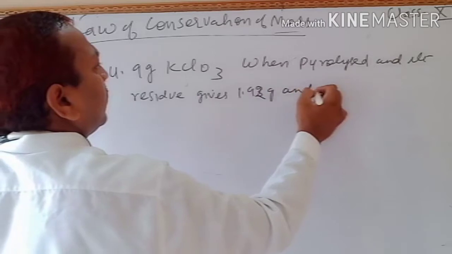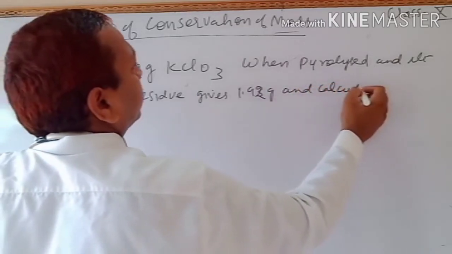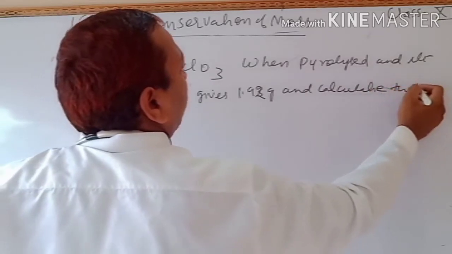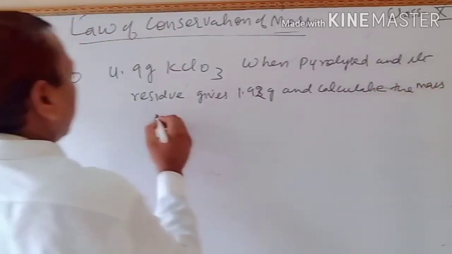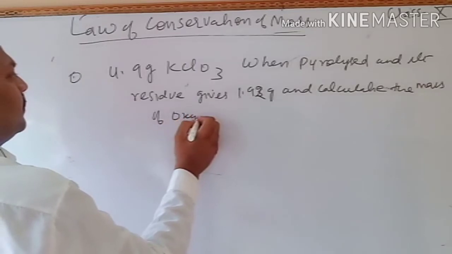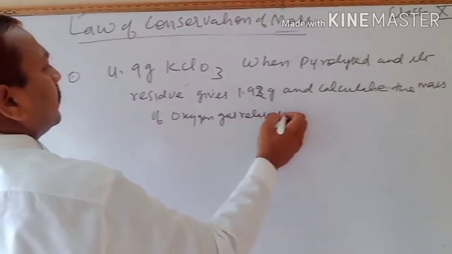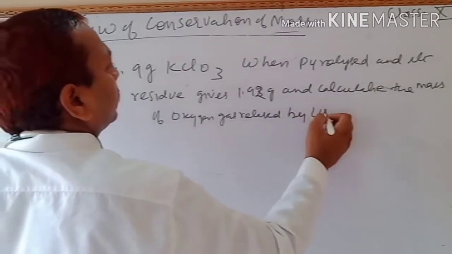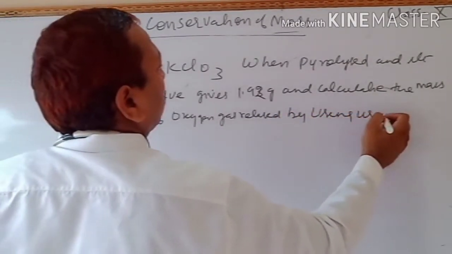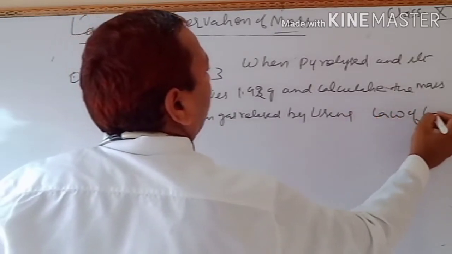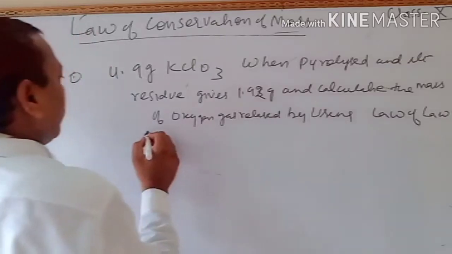Calculate the mass of oxygen gas released by using the law of conservation of mass.